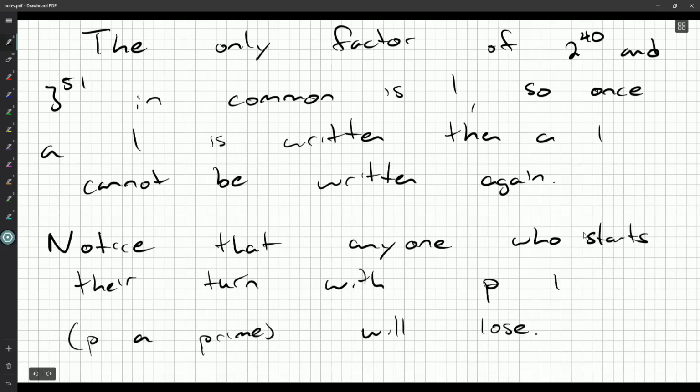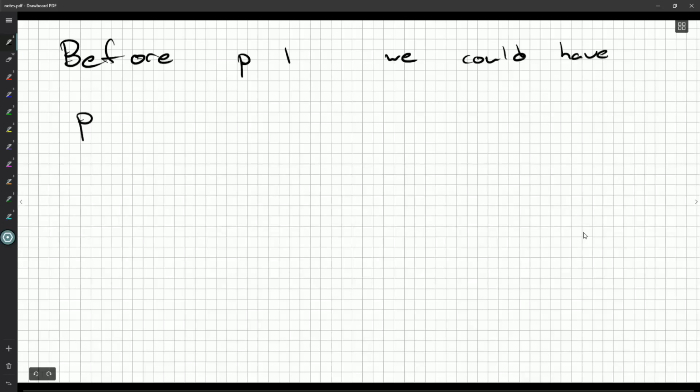Alright, so the P1... what could lead to P1? We're using the game theory strategy of working backwards from a losing position. Anything that can leave your opponent with a losing position is therefore a winning position for you. So you could have P to the anything and 1.